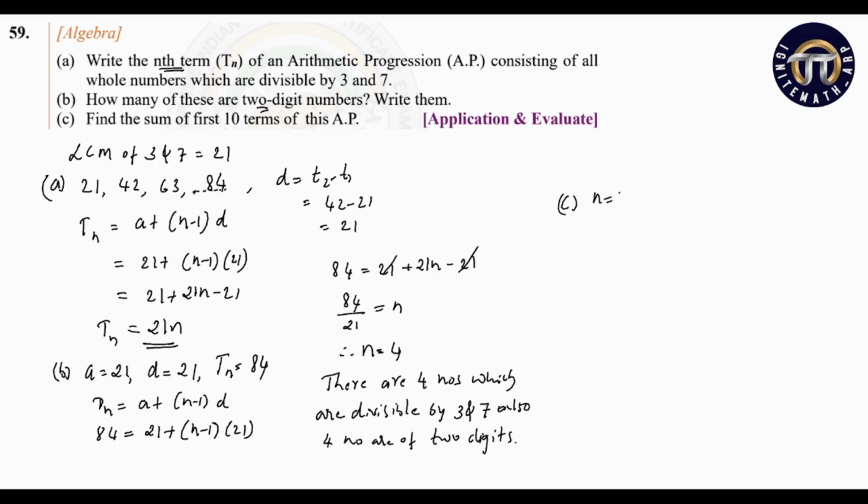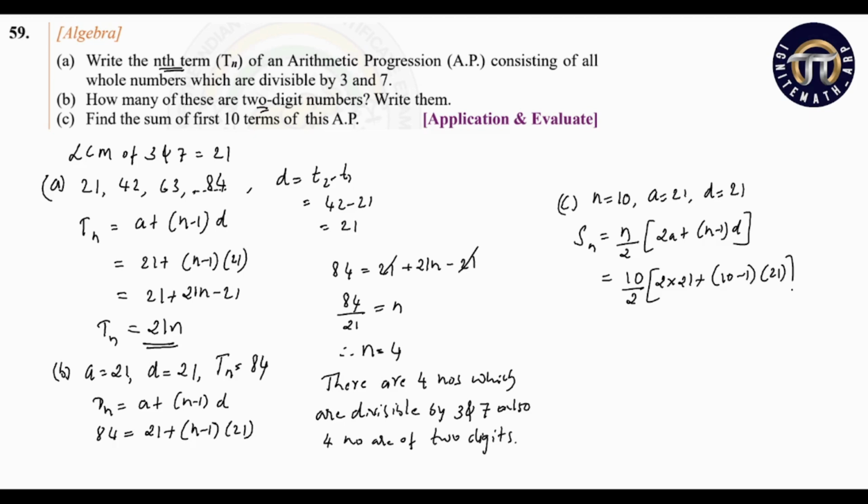Clear, children? So n is equal to 10 over here, A is equal to 21, D is also equal to 21. So you know Sn is equal to n by 2 into 2a plus n minus 1 into d. So sum of 10 terms, 10 by 2, 2 into 21 plus 10 minus 1 into 21.